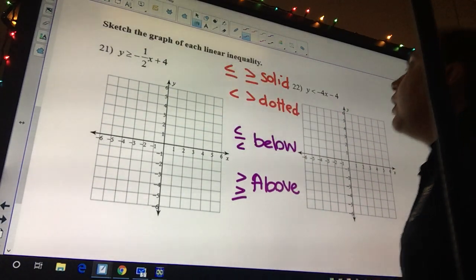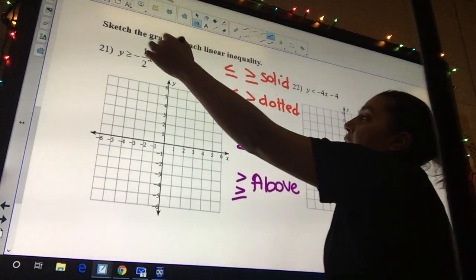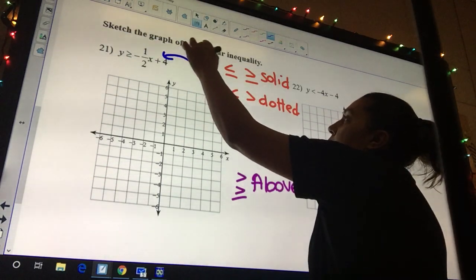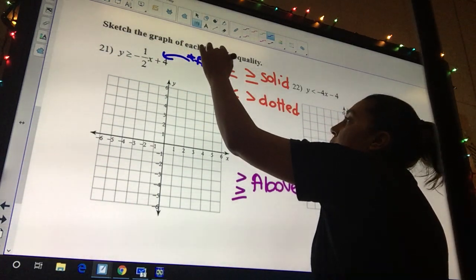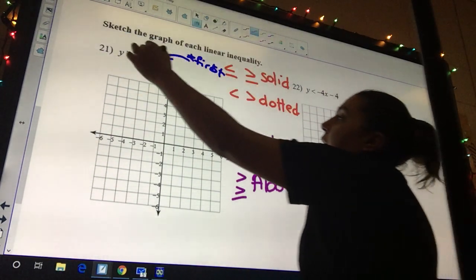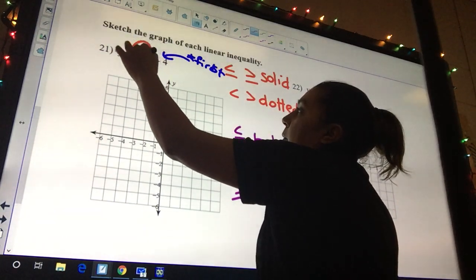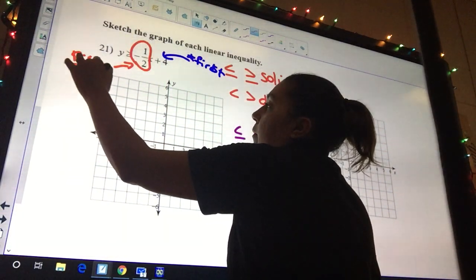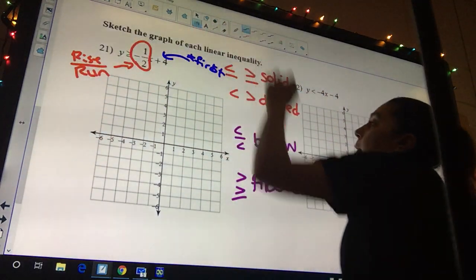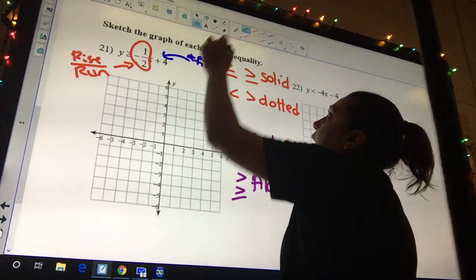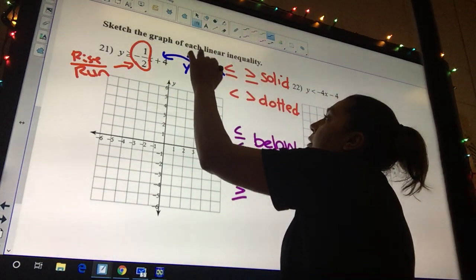Okay, and so in order for us to graph these, we always graph this thing first. So we need to do this one first. Okay, and then this is our slope, and it's going to be rise over run. Okay, so we start at the y-intercept, which is 4, because this is a y-intercept.